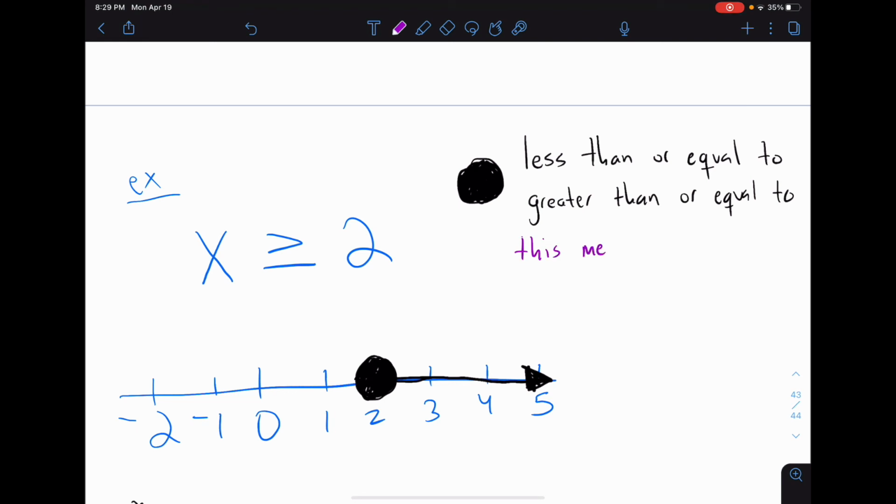This means it includes the starting number. Eso significa que vamos a incluir el número con cual comenzamos.